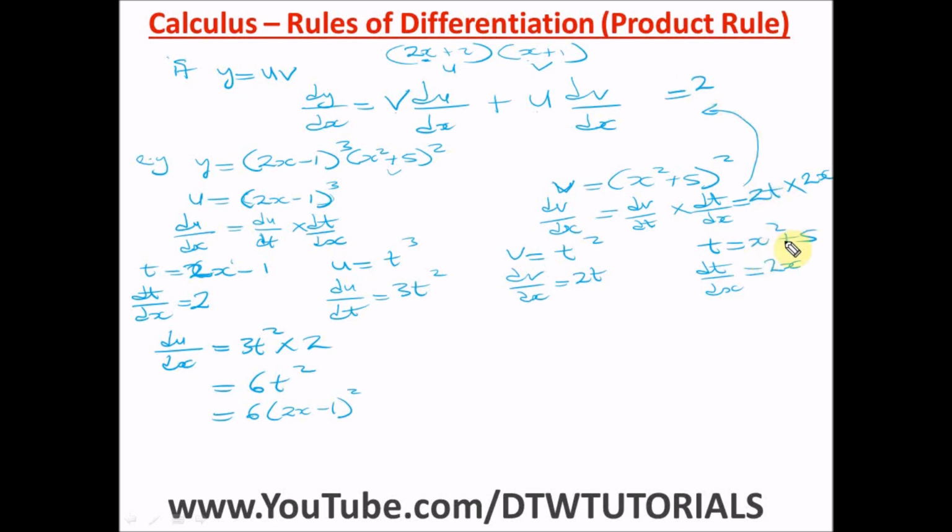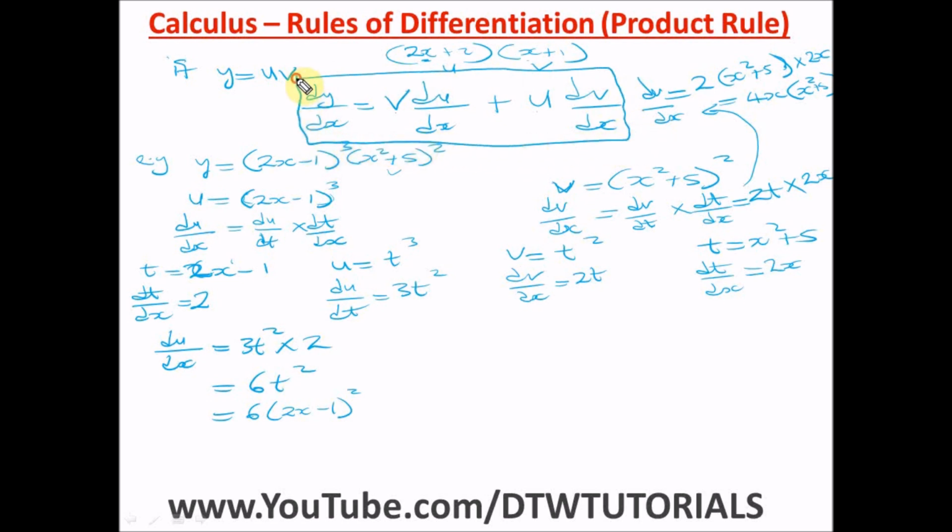Our t is x squared plus 5. So 2 bracket x squared plus 5, multiplied by 2x. So here finally we have 4x, all into brackets, x squared plus 5. Alright, so this is our dv dx. So now we can put in all these values into this particular formula.